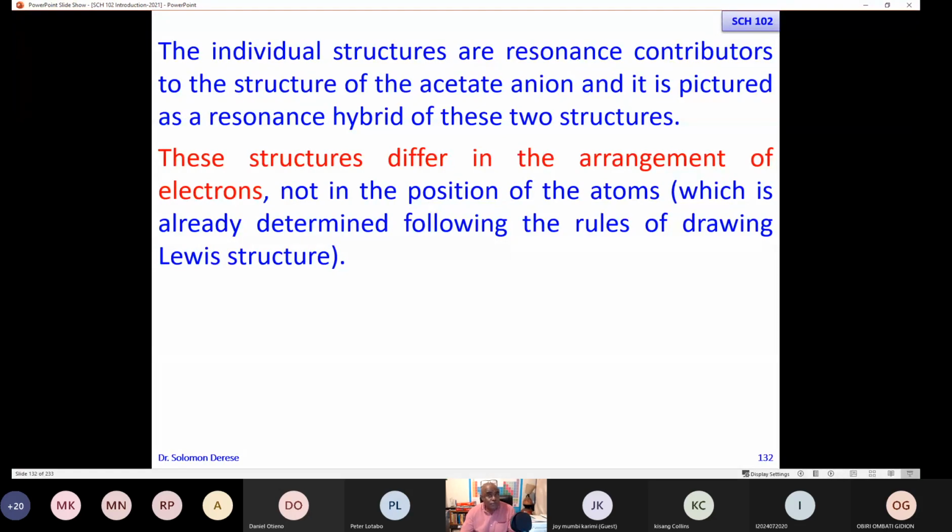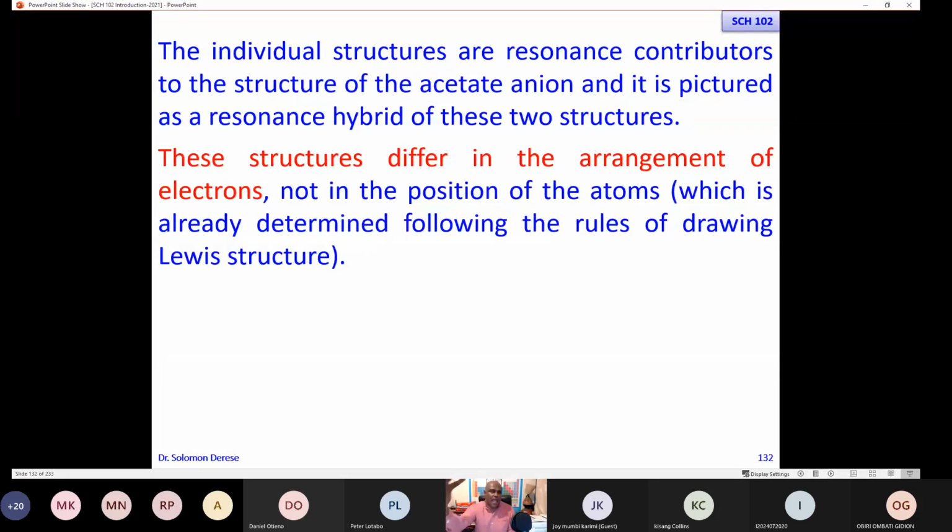The only difference between these two structures is in the arrangement of electrons. Otherwise, the way the atoms are connected to each other is the same, as determined by step 1 of drawing Lewis structures. There is no difference in the position of the atoms. The only difference, in this particular case, is where the additional lone pair of electrons should be.